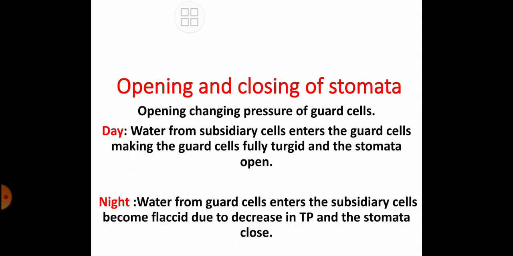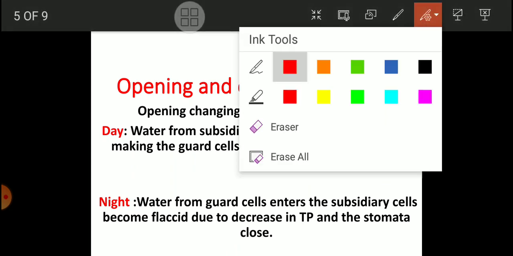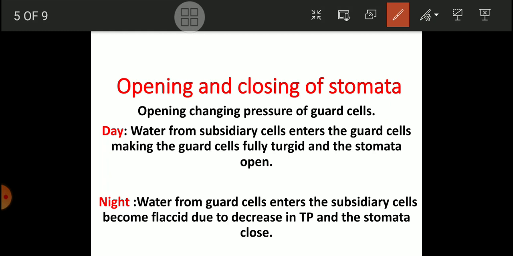Here opening depends upon the change in the pressure of the guard cells. Friends, what I have told you, the opening is because of the change in the pressure of a guard cell. Whenever there is a change in the pressure of the guard cell, definitely there is a change in the structure of the stomata, meaning opening and closing depend upon that.